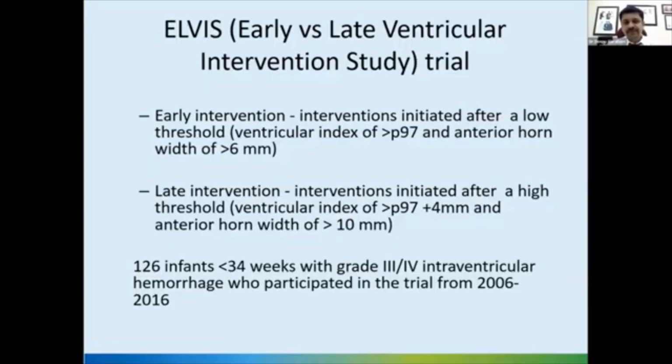They randomized this group into an early intervention group, where the intervention was initiated at a lower threshold, decided to be the 97th centile of ventricular index or anterior horn width of more than 6 millimeters. And the late intervention was decided at the ventricular index cutoff of 97th centile plus 4 millimeters, or anterior horn width of more than 10 millimeters.